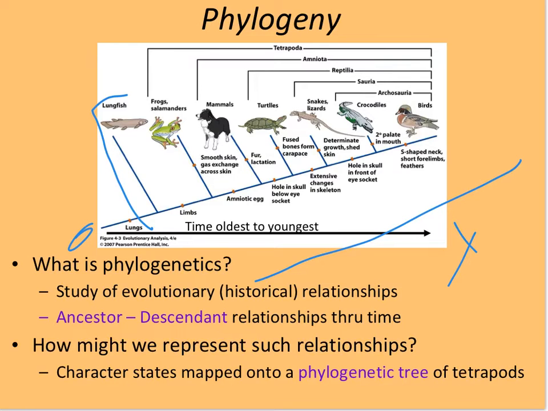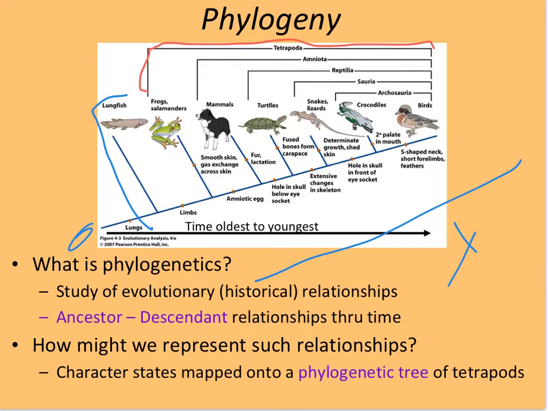And then we can see the tetrapods. So this is this group right here. In other words, all these individuals have 4 limbs. The first ones that evolved were amphibians. A number of different groups includes salamanders, frogs, caecilians, among other things.